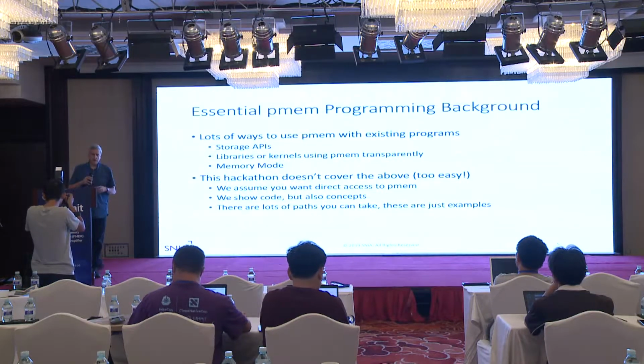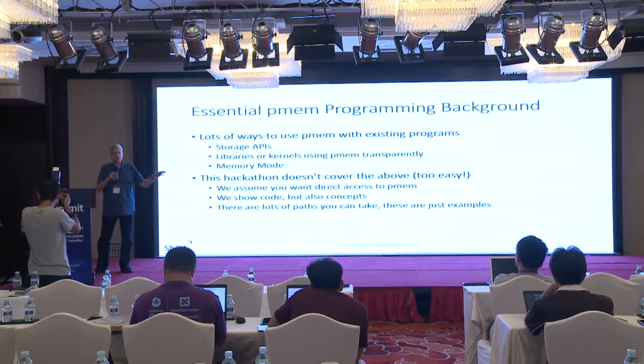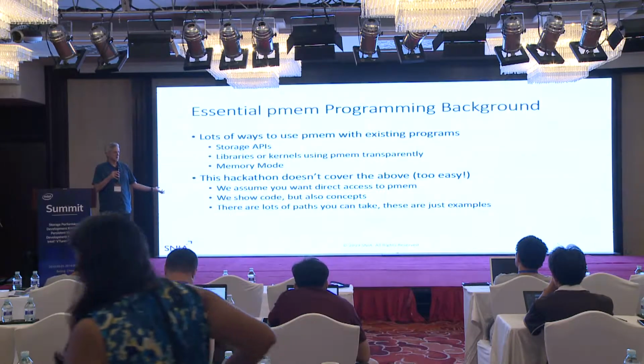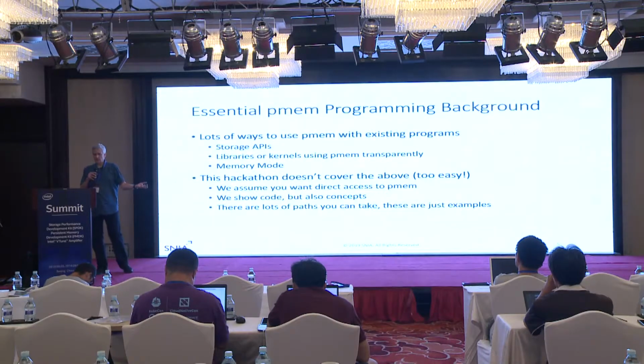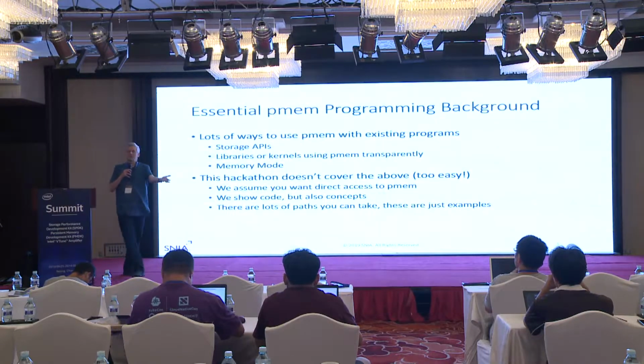Okay, so if you've watched any of the sessions on persistent memory in this summit, you know that there's lots of ways to use persistent memory. You can use the storage APIs without modifying your program. You can use the libraries. You can use memory mode, which just looks like large system memory. Those are all too easy. There's nothing to learn about that.